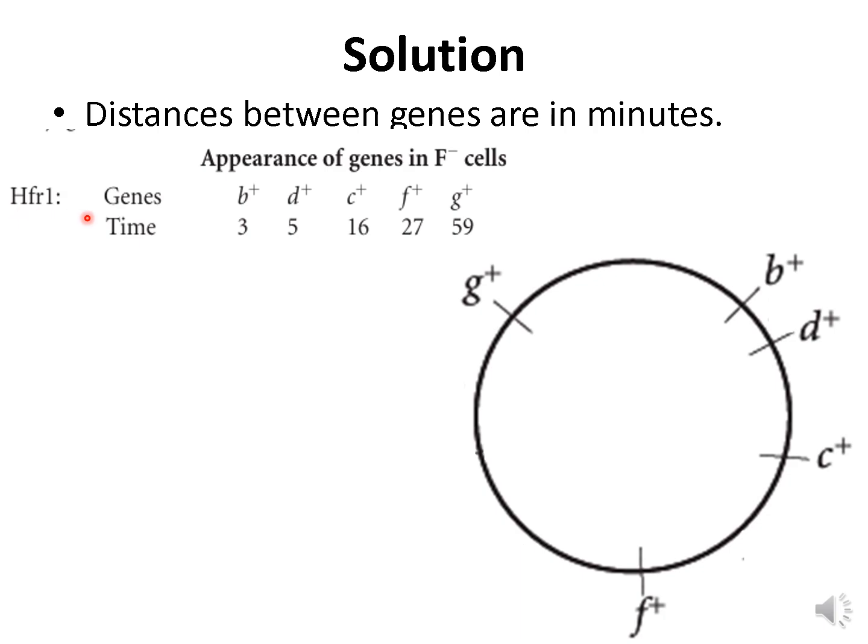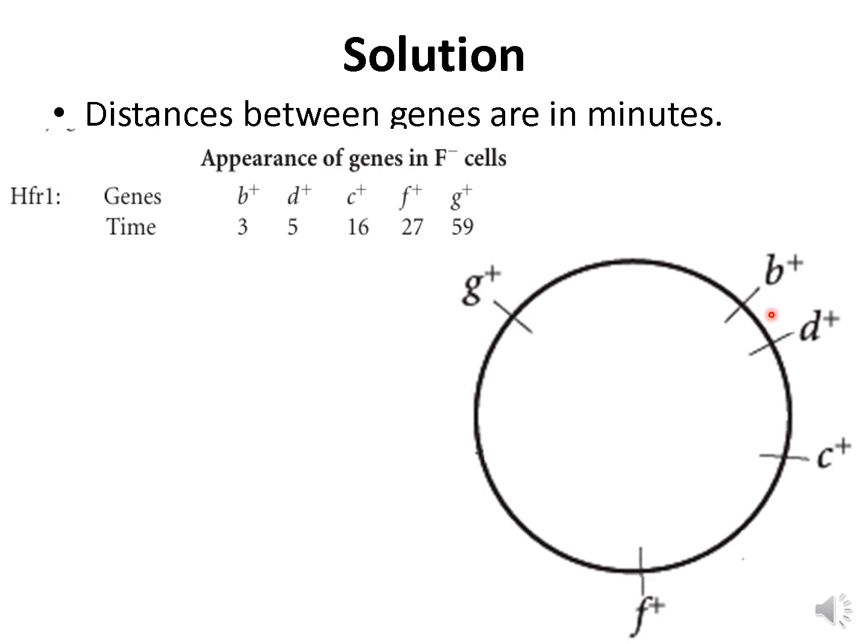So for HFR1, we can see that B appeared at 3 minutes. So from the time of entry, after 3 minutes, the first gene to appear is B. Then the next gene to appear is D, which appeared at minute 5. So this means that the distance between the two genes is 5 minus 3, 2 minutes.